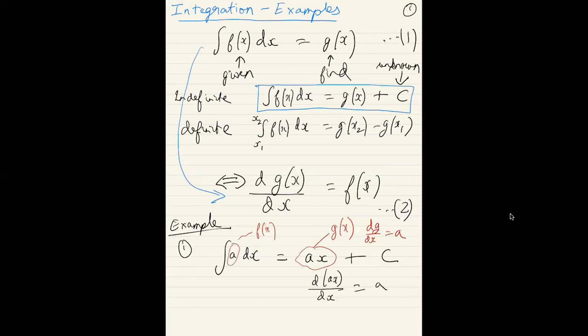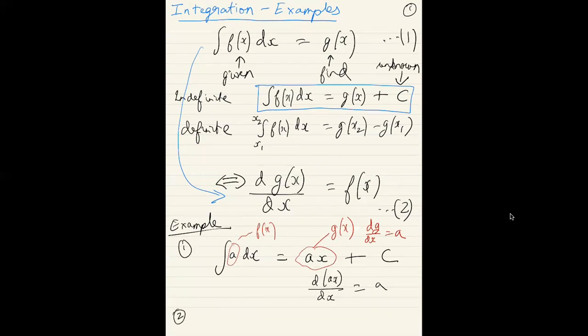But in practice, you remember a few basic derivatives, and then by using the chain rule and the product rule, you can calculate complicated derivatives. Similarly, it works for integrals. You remember a few basic derivatives, and by working back from them, you calculate the integrals. Then by using chain rules and product rules, which we will be looking at in the next module, you can calculate complicated integrals.